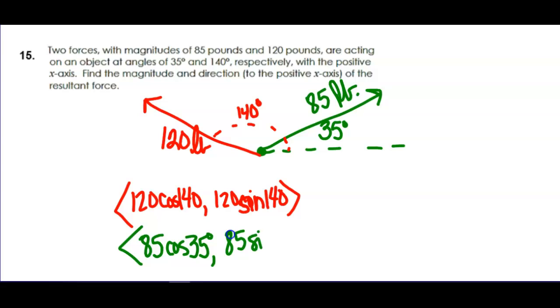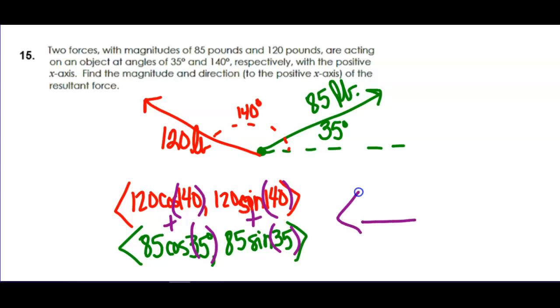And 85 sine of 35. And we're going to add these two, making sure we close these parentheses, okay? And then we're going to add those two, and we're going to come up with the component vector.